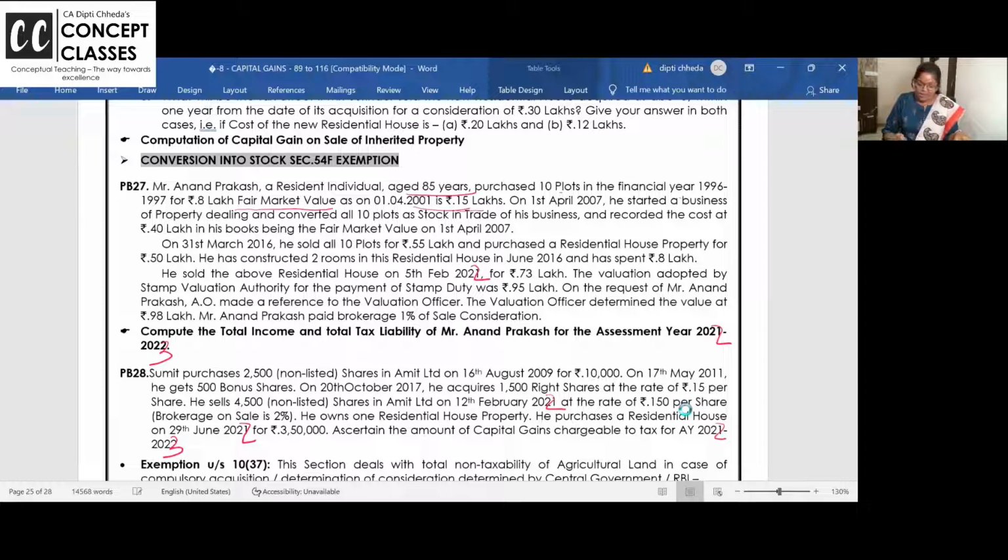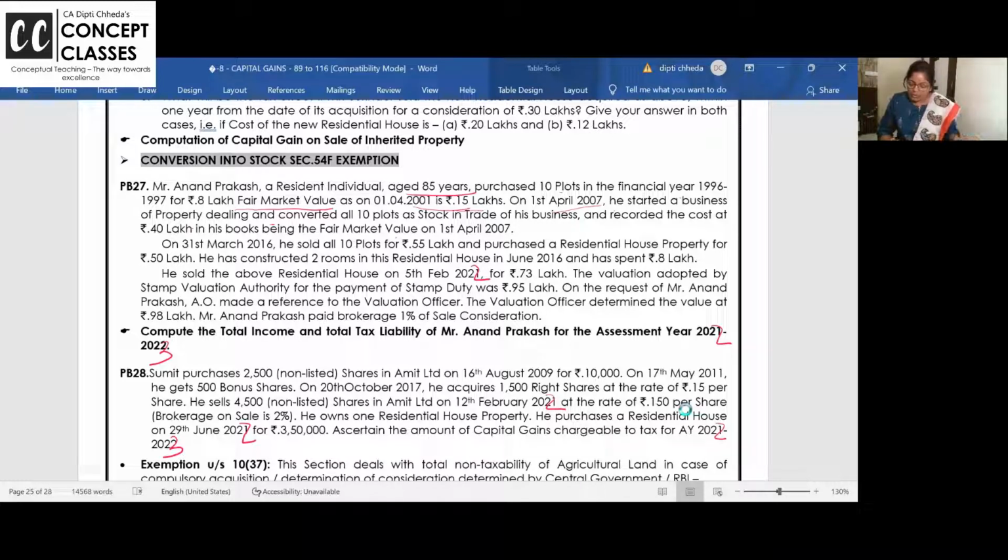On April, he started a business of the property dealing and converted all the 10 plots into his stock in trade. Okay. And recorded the cost of 40 lakhs in the books. Fair market value on the date you transferred, 2007. Okay. Now on March 16, you have, one second.